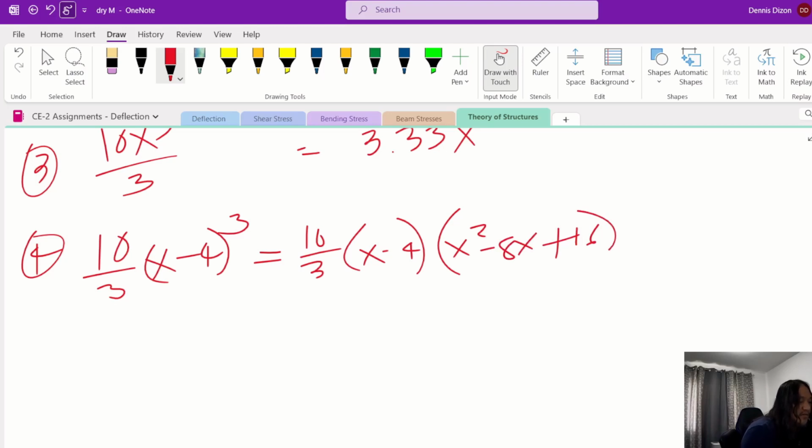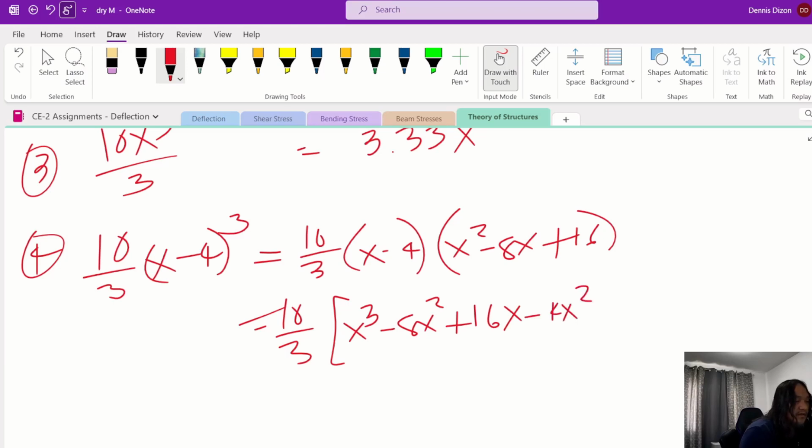Distribute that one: x times x squared is x cubed, x times minus 8x is minus 8x squared, plus 16x. Then the minus 4 gives minus 4x squared, negative 4 times negative 8x is plus 32x, then minus 4 times 16 is minus 64.